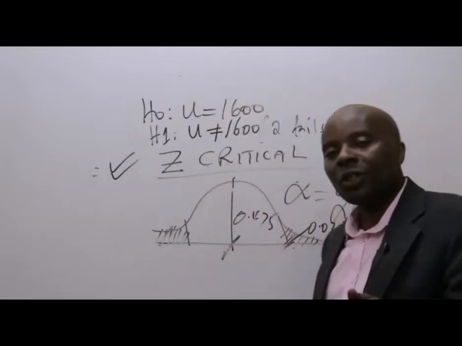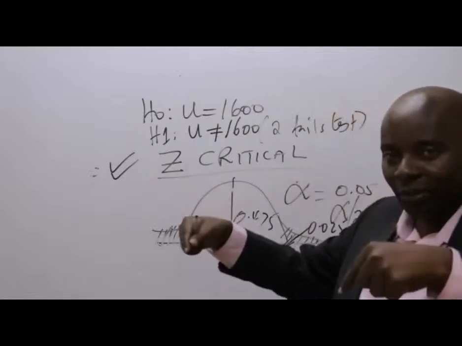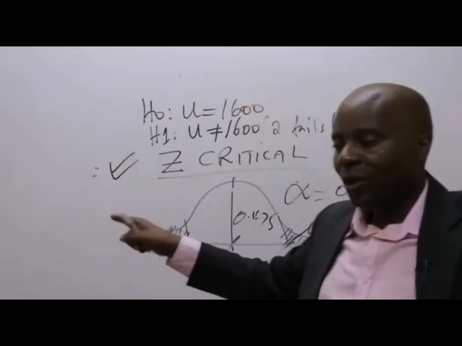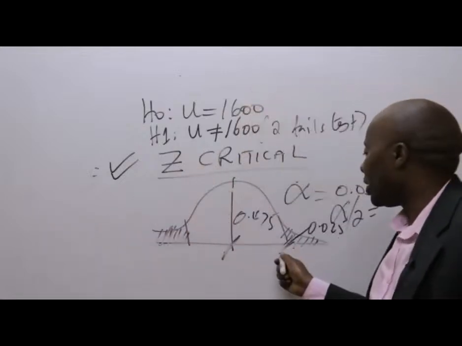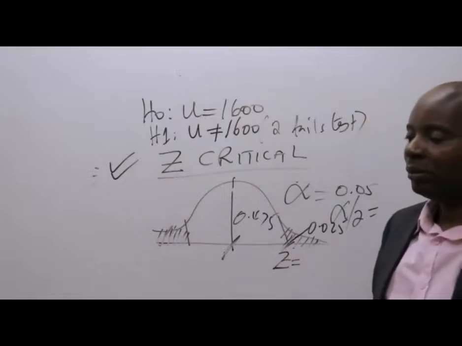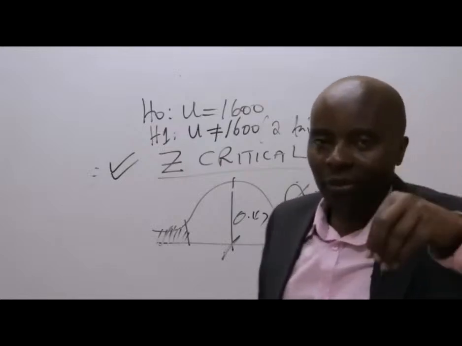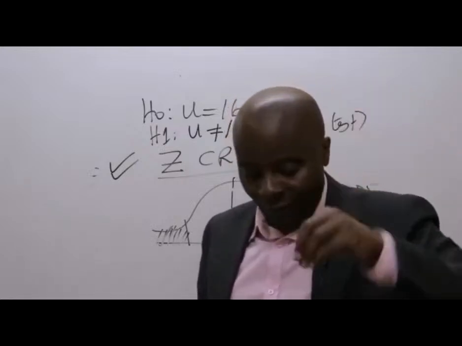Once I get the entry, I need now to use the reverse gear, where we get inside the table and read outwards for us to be able to get the Z score. I want the Z score. You go inside the table looking for 0.475.